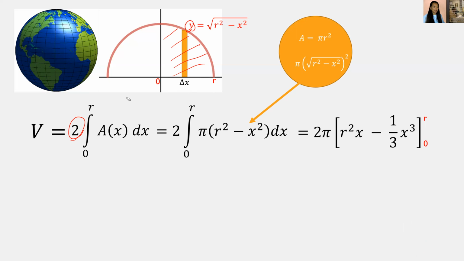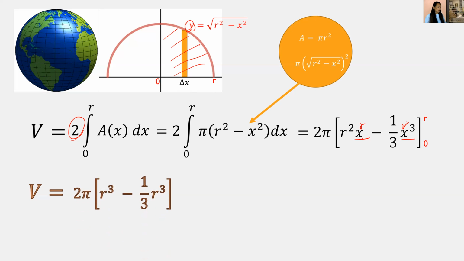Now, when we plug in the lower limit of 0 into wherever the x's are, we will get 0. So the answer will be whatever we get when we plug in the r, right? So when we plug in the r right here, r times r squared is going to be r to the third power, and this right here, r to the third power as well. Nice, because you have like terms, right?